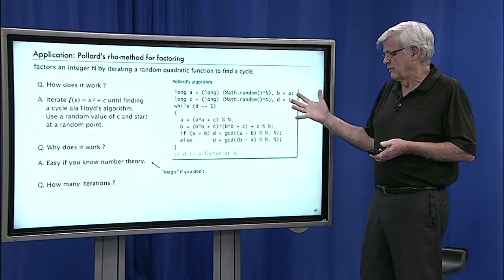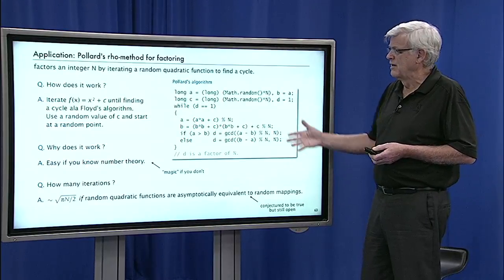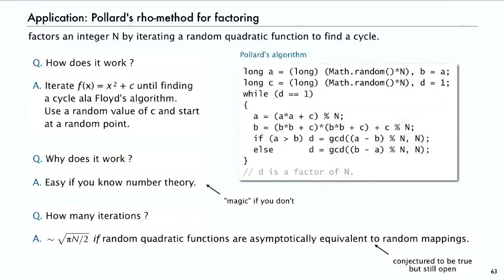One thing that seems reasonable to do is to assume that this function is not a random mapping, but since you're taking a random c and a random starting point, maybe it has the same kind of characteristics as a random mapping. And it's conjectured, actually, that the random quadratic function of this type is asymptotically equivalent to a random mapping.